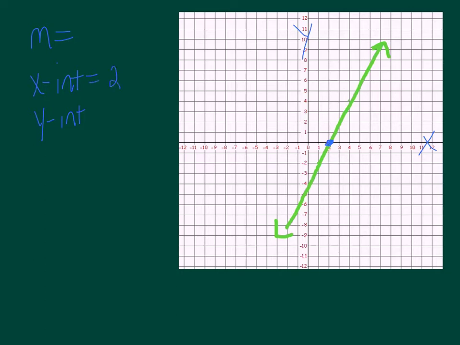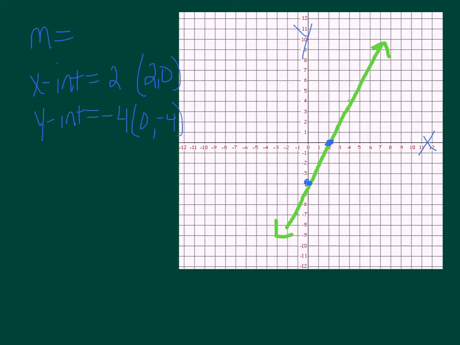So my x-intercept is 2, and that point is 2, 0. Now I want to find where it crosses my y-axis. It crosses right there, so I'm going to put a point there. My y-intercept would be -4, and that point would be 0, -4.